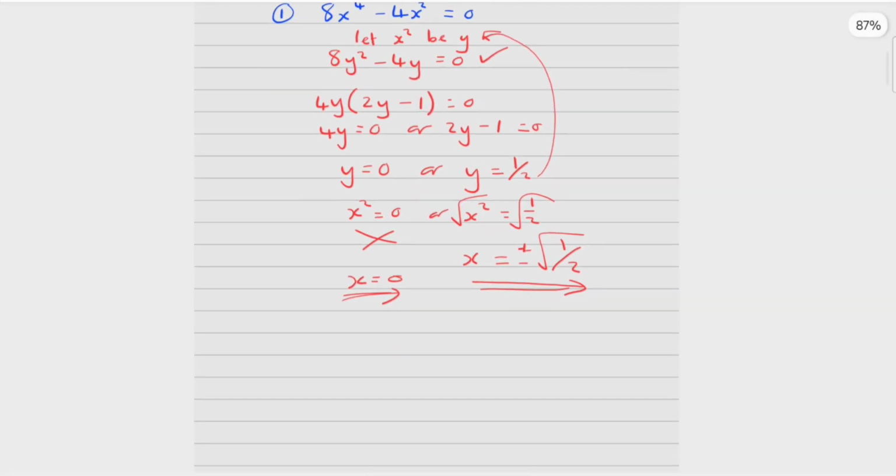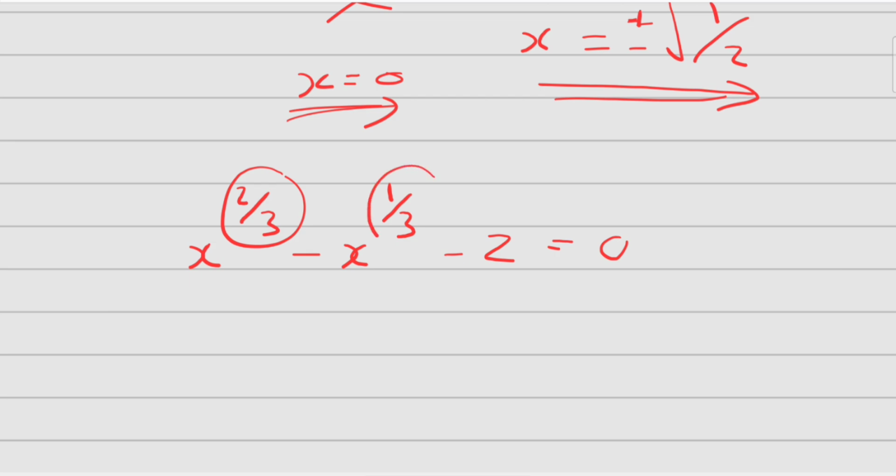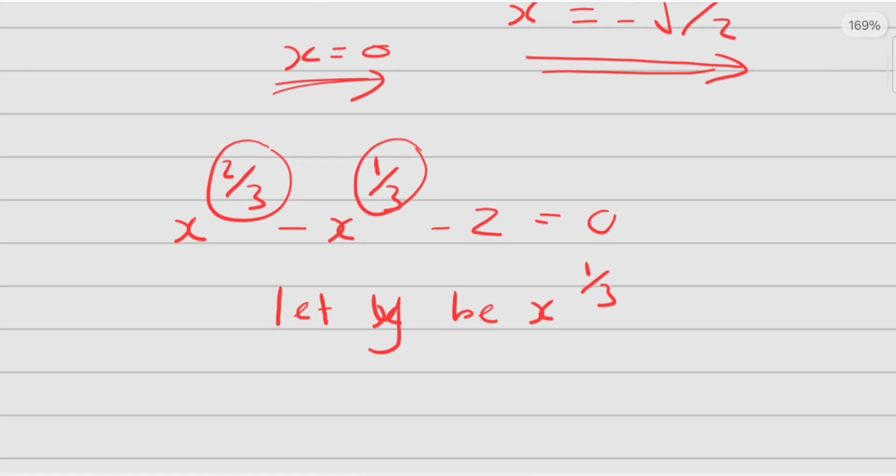Another example that you might get is maybe x to the power 2/3 minus x to the power 1/3 minus 2 is equal to 0, right? You can see that this is double this, so you can just go ahead and say let y be x to the third, right?